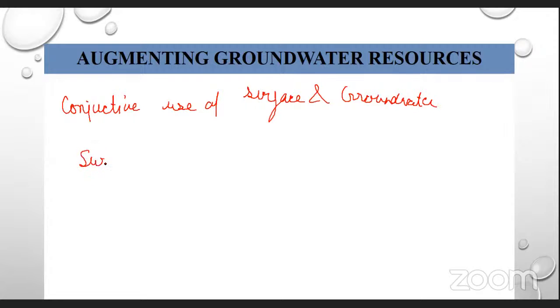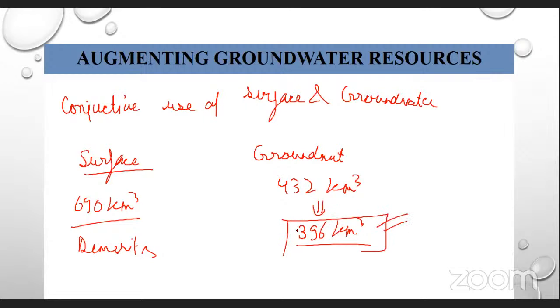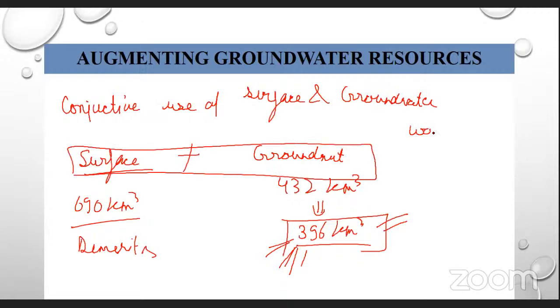If we are using only the surface water, then it will be only 680 cubic kilometers, and there may be some demerits of surface irrigation. And if we are using groundwater, you all know that out of 433 cubic kilometers, the utilizable is only 396 cubic kilometers. Also, we are focusing so much on groundwater that the groundwater level is decreasing day by day. So we have to use both surface and groundwater, the different water sources in coordination.